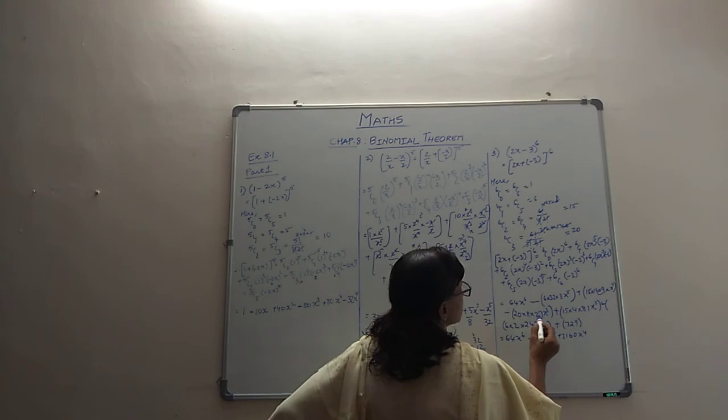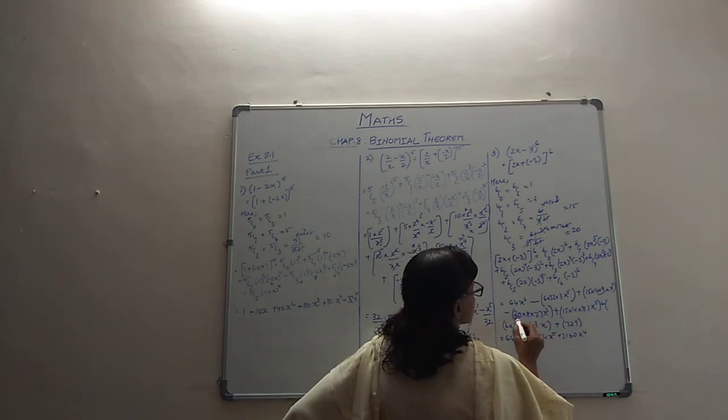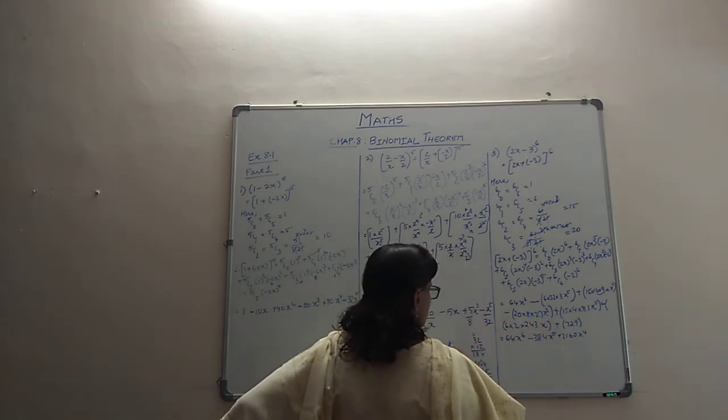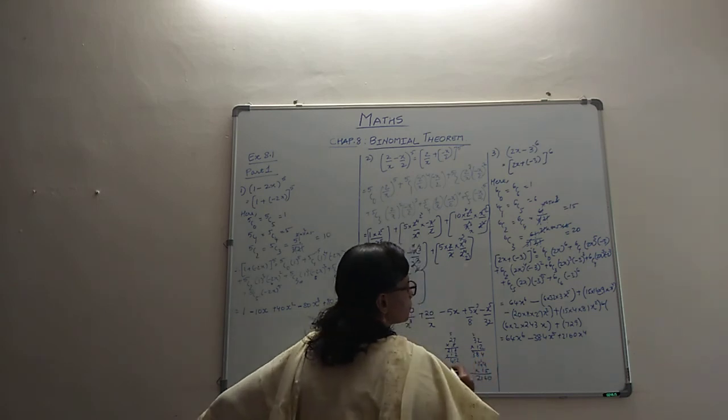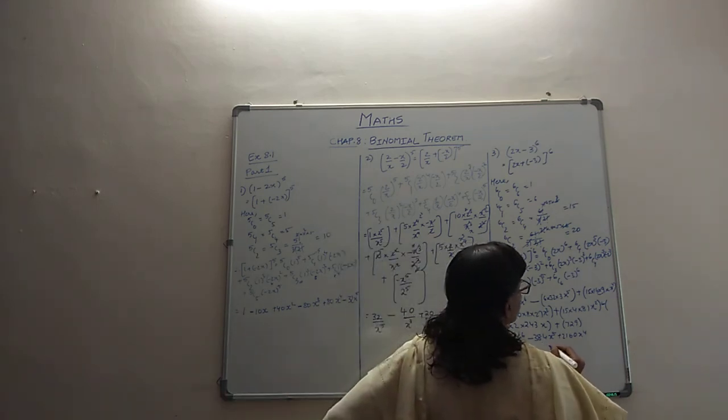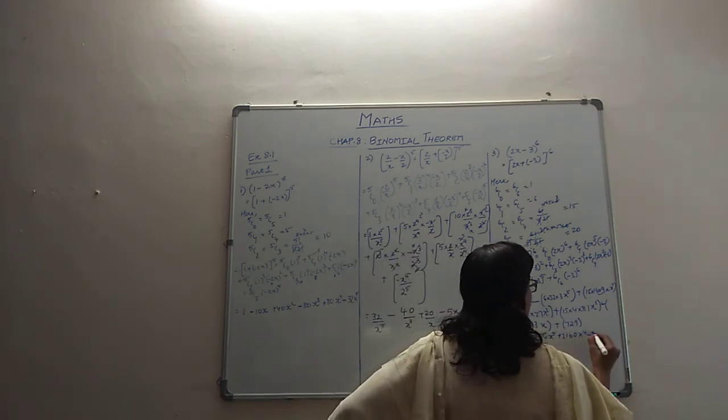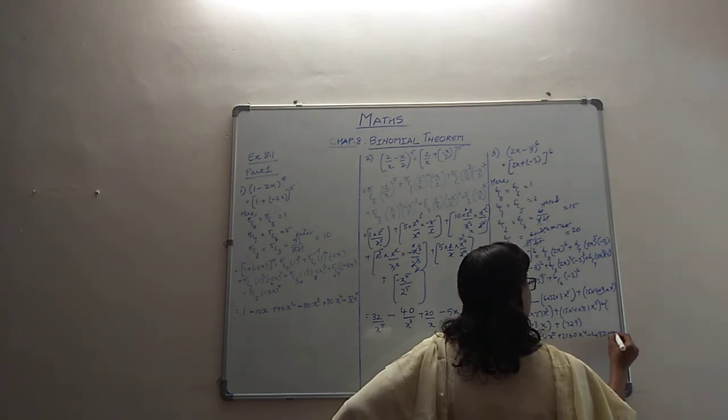Now 27 into 8 into 2. So 27 into 16. It's better to have 27 into 8. 7 8s are 56. 8 and 2, 16, 21 into 20. Double 12. 2 ones are 2 and 1, 3. 432. So 4320 x cube.